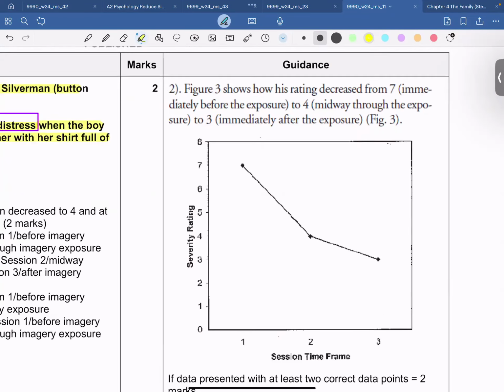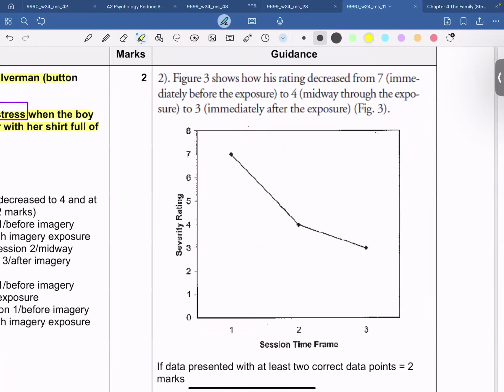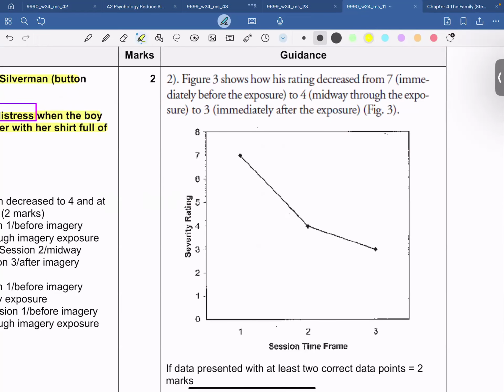This is from the original research paper, and it reads, figure 3 shows how his rating decreased from 7, that is immediately before the exposure, to 4, that is midway through the exposure, to 2, that is immediately after the exposure. Now, give this a look on the x-axis and y-axis.